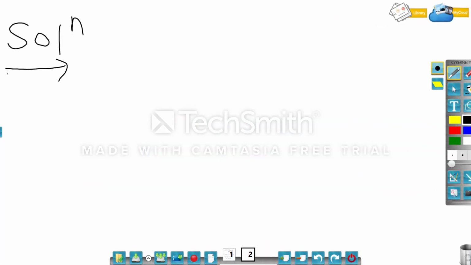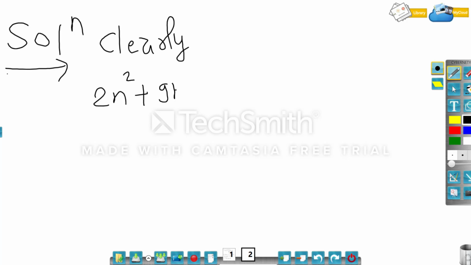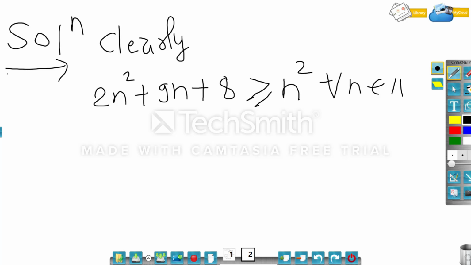So here we clearly see that 2n square plus 9n plus 8 is always greater than or equal to n square for every n belonging to the natural numbers. This is a correct statement, because for any n this inequality holds.